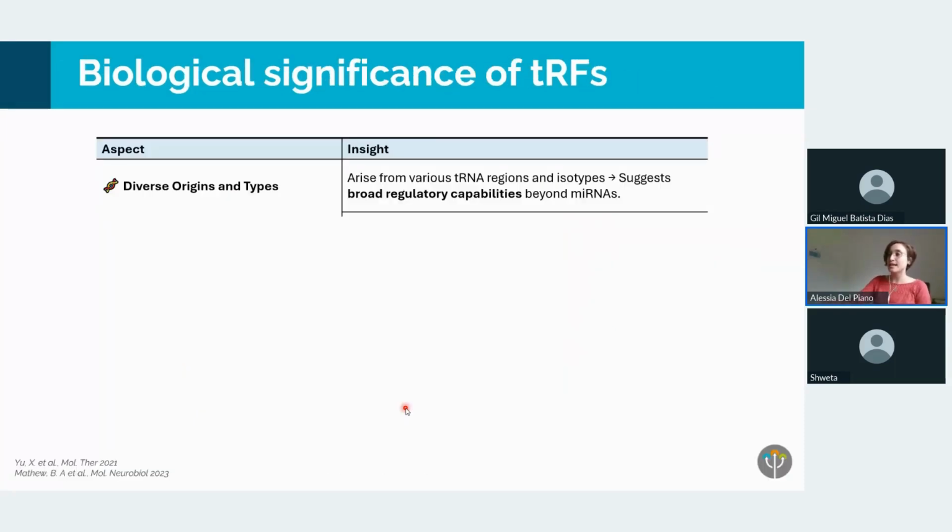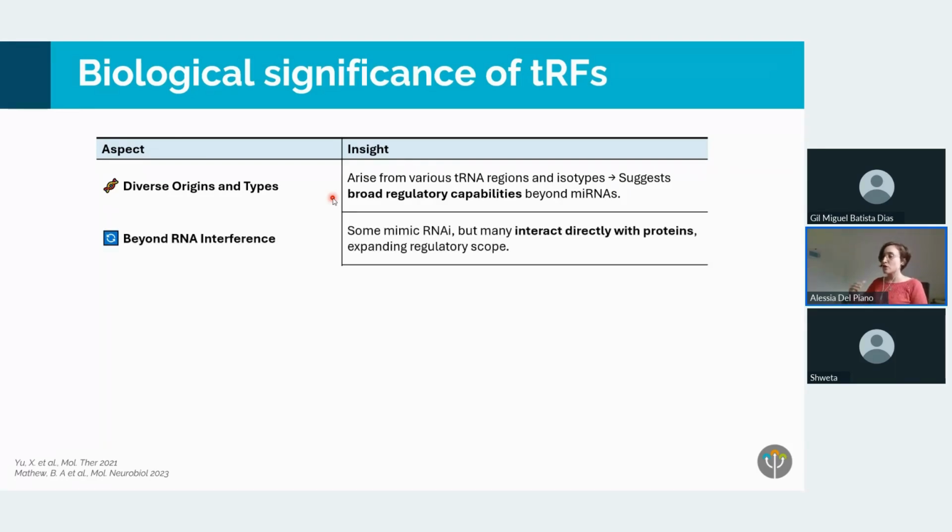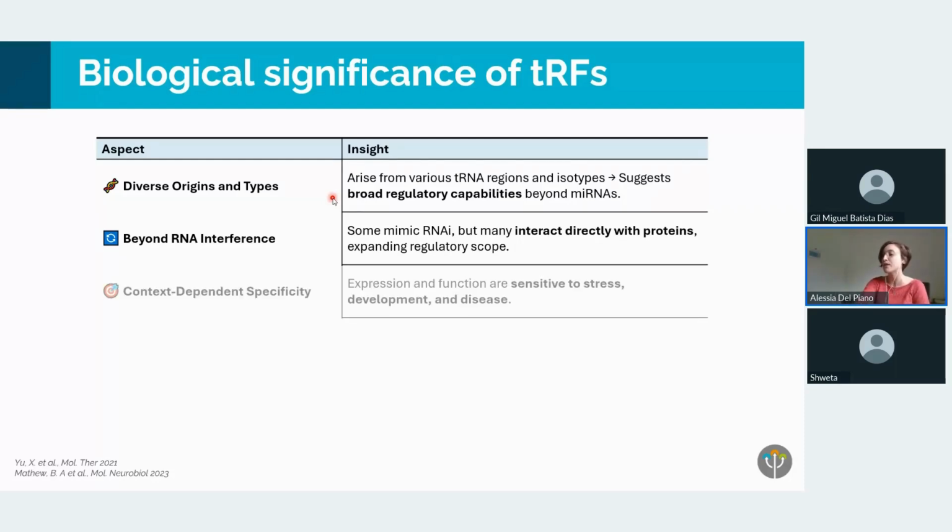Fragments are not just side degradation products, but they have a biological function and they have diverse origins, since they may be generated from different tRNA molecules and isotypes. tRNA fragments may also interact with proteins, expanding their regulatory scope.